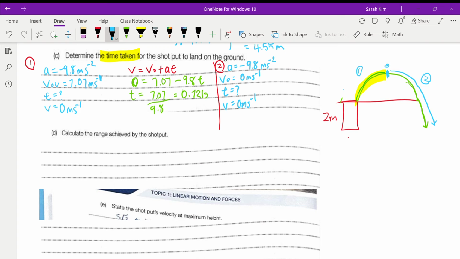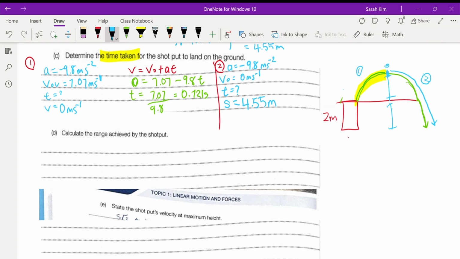Alright, let's use those facts. Hold on, let's not do that one because it's not going to be helpful. My S is going to be 4.55 because that was the height of 2.55 plus the 2 over here.